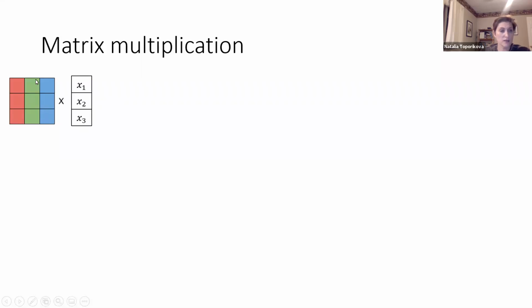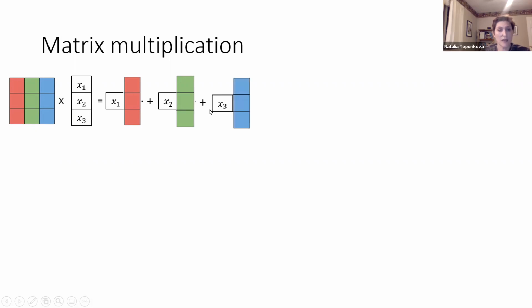I'm using color coding here to make it easier to follow the multiplication process. Basically, we take the first column and multiply it by the first entry of our vector. Then we take the second entry of our vector and multiply it by the second column, and the third component of the vector by the third column.